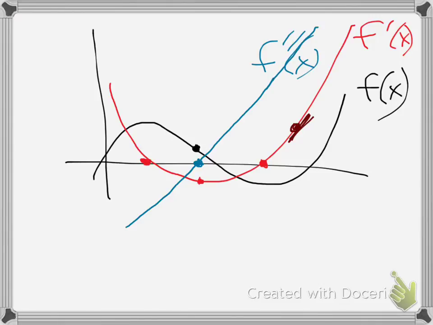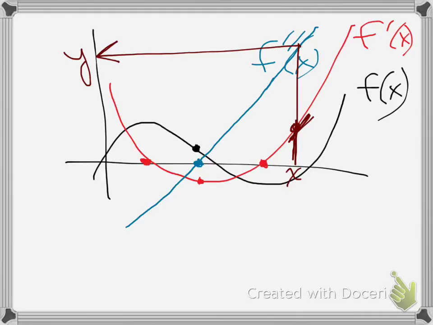In order to get my slope value, I take this x value up to the second derivative and then read over that y value, whatever it might be, which is the slope on the first derivative at point x.